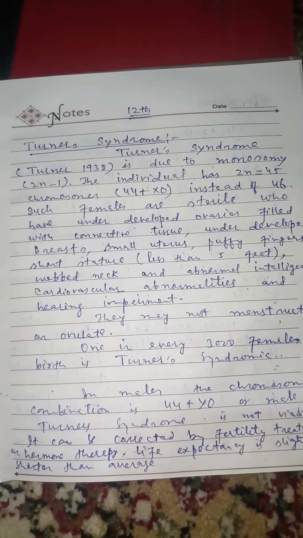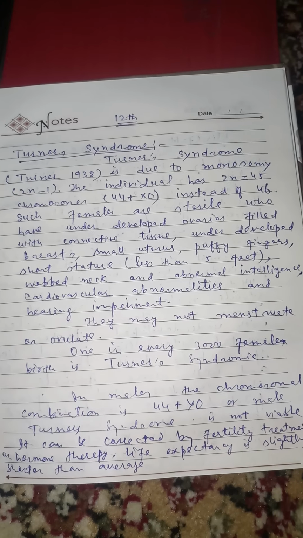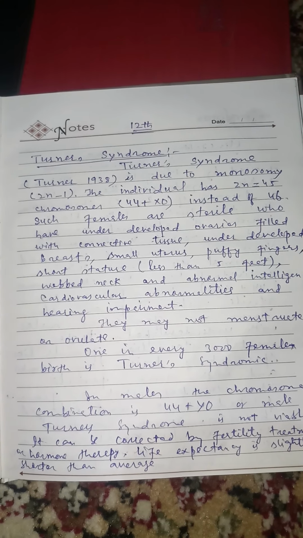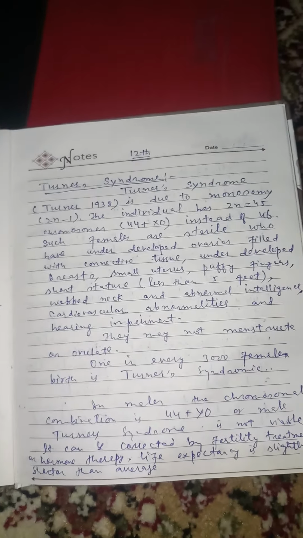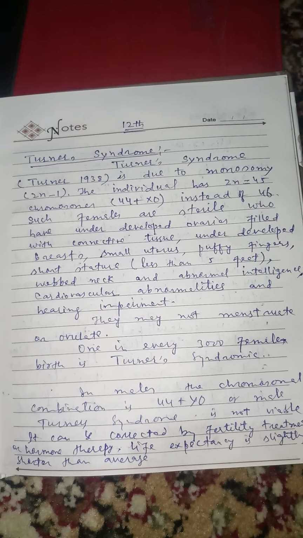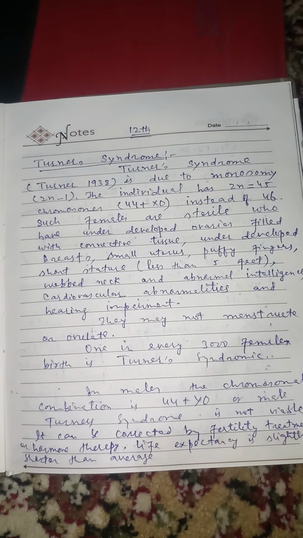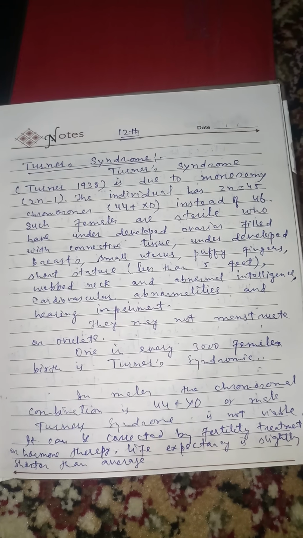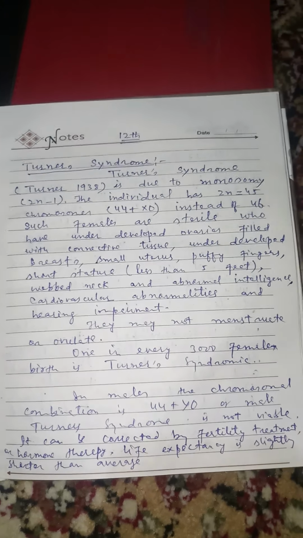When we talk about their life expectancy, females with Turner syndrome show almost normal life expectancy, but their lifespan remains slightly shorter than average. If their hypertension or obesity is treated in time, their life expectancy, their lifespan, can be increased.